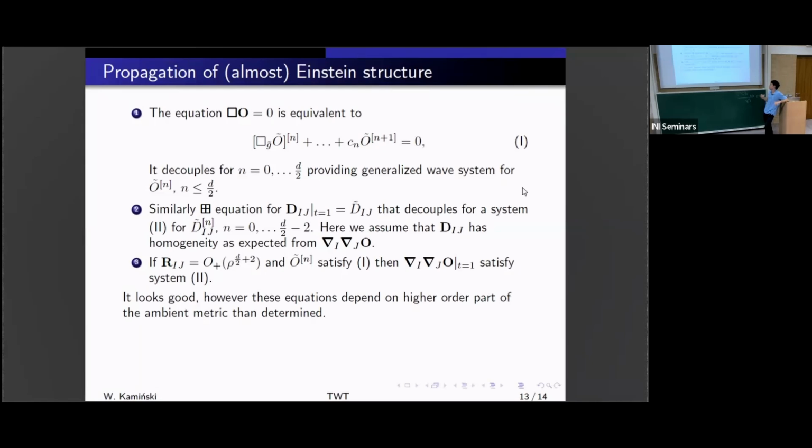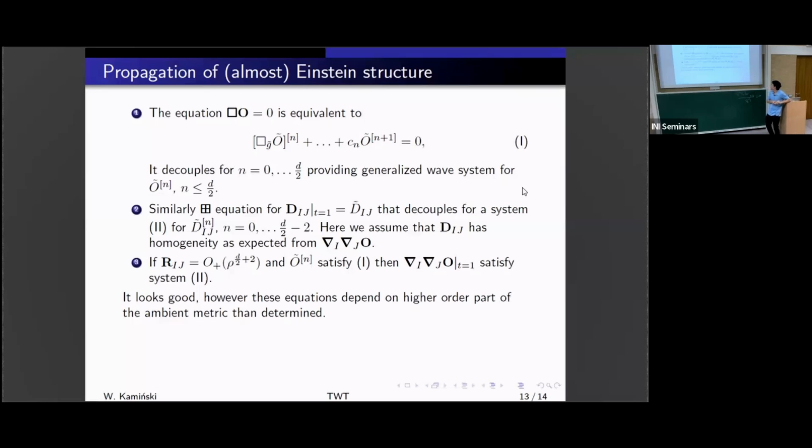Okay, so that's very good, and also linear, because it seems that our method works. It's just enough to extend this omega, using the generalized wave equation, to the whole space-time, and then apply this identity to show that the property of being almost Einstein is also satisfied.